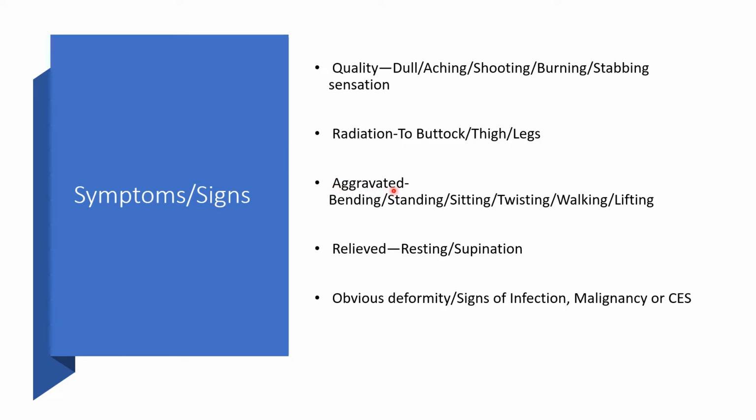Aggravating factors means what you do that could make the pain become worse: bending, standing, sitting, twisting, walking, or lifting could be the case with lower back pain. What can you do to relieve the pain or improve your situation? That could be resting or lying supine.